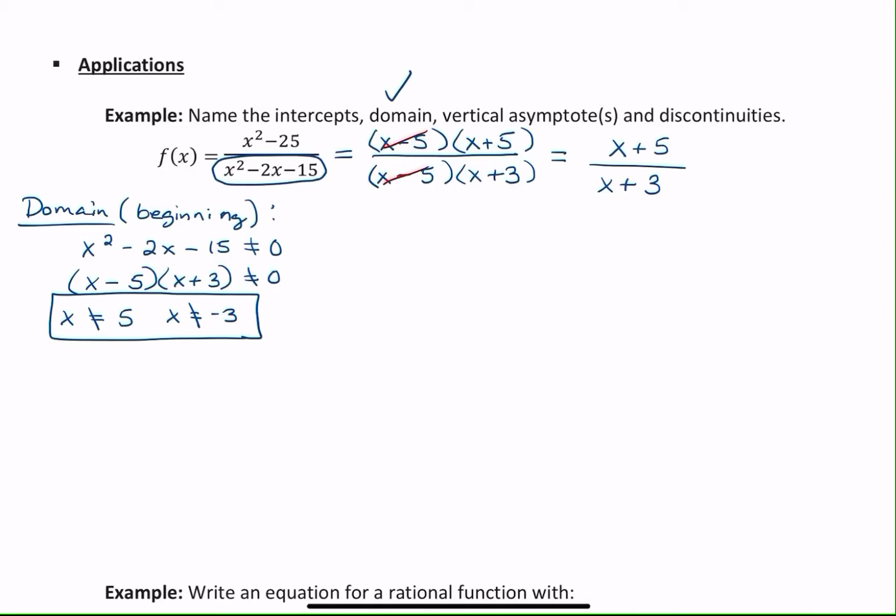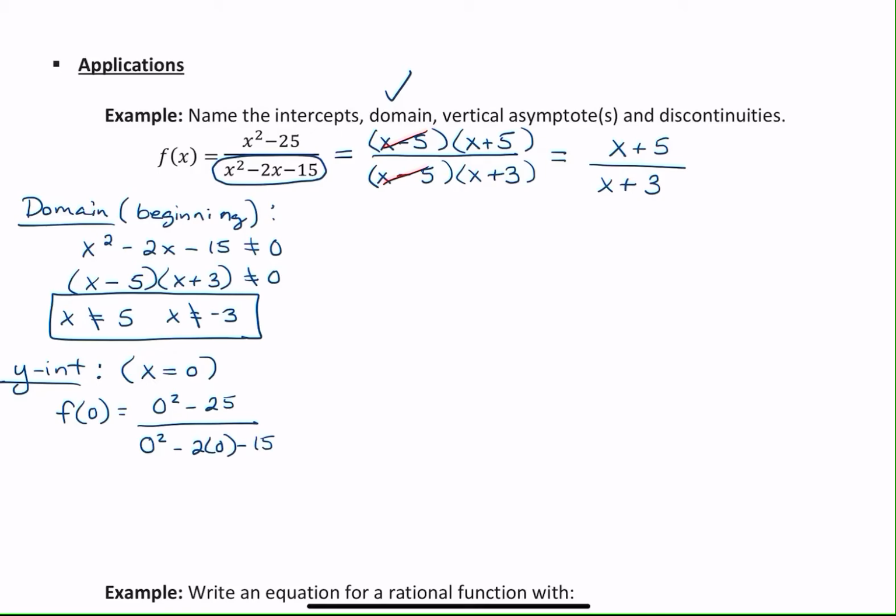Then let's do the y-intercepts next. Y-intercepts are always the easiest to do because you're just setting x equal to 0. So if I have f of 0, that's going to be 0 squared minus 25 over 0 squared minus 2 times 0 minus 15.